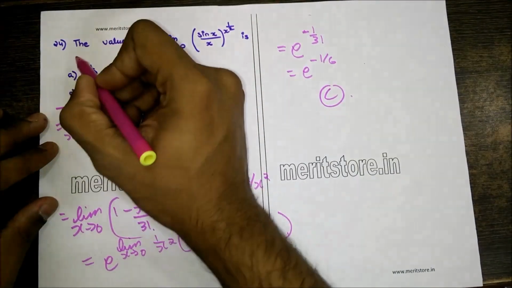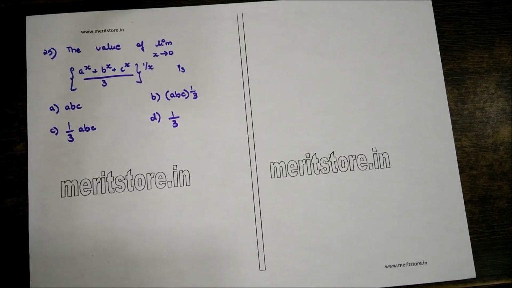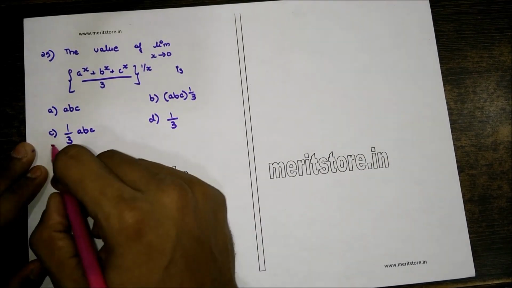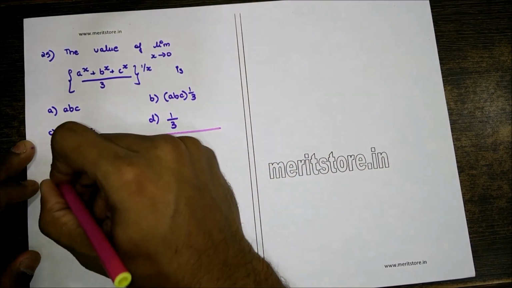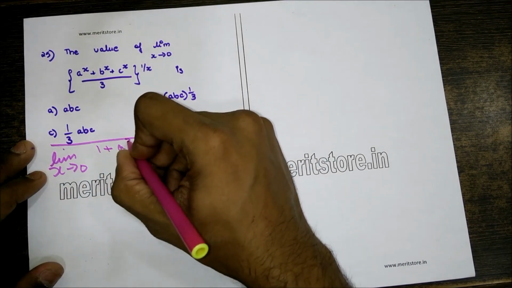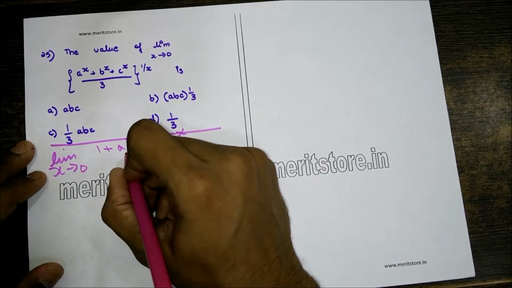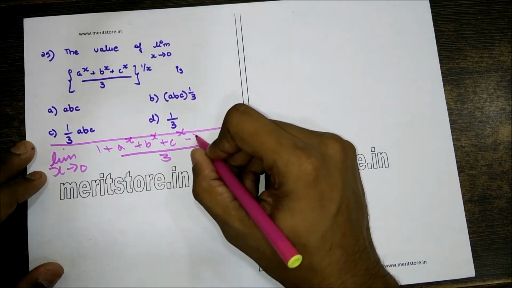There is a correction in the question, both these terms have minus signs. The value of limit x tends to 0 ((a raised to x plus b raised to x plus c raised to x) by 3) raised to 1 by x is a abc, b abc raised to 1 by 3, c 1 by 3 into abc, or d just 1 by 3. So what we do is we could write it as limit of x tends to 0 (1 plus (a raised to x plus b raised to x plus c raised to x upon 3 minus 3)).